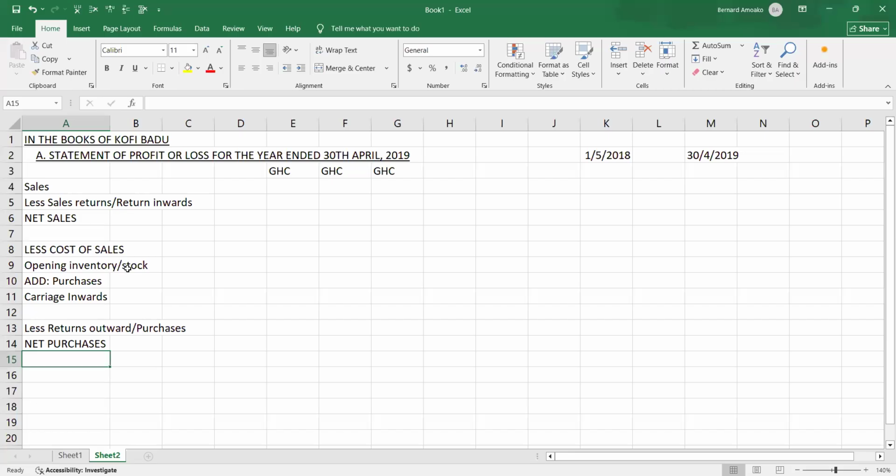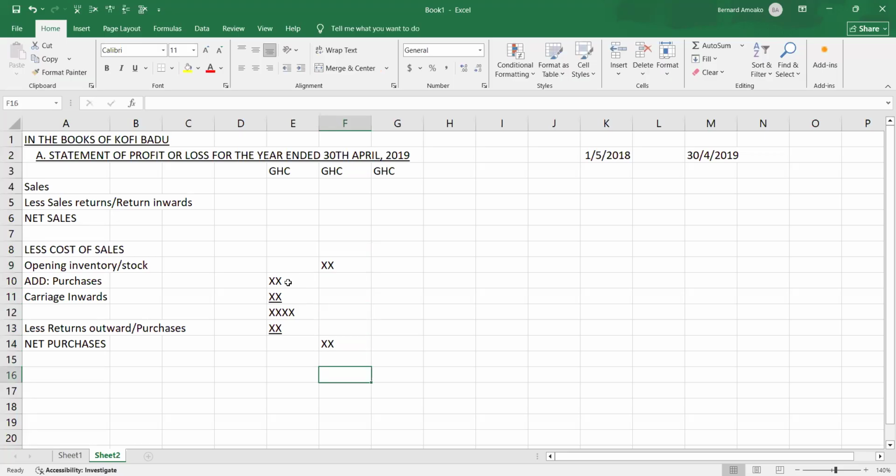So the purchases figure plus the carriage inwards should give me this total, meaning I've added it. And then when I come and less the return from it, I should get what we call my net purchases. That net purchases must be added to the opening inventory, if there is opening inventory.